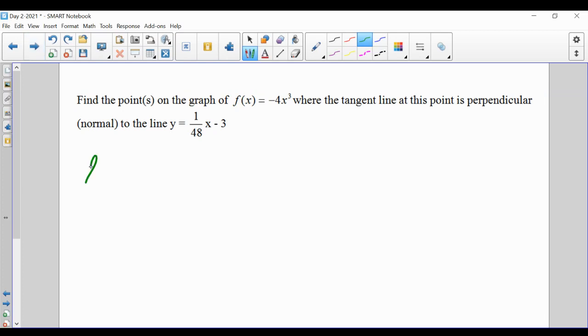So the f prime, let me go back to black, actually. Can anybody tell me what that derivative is, by the way, of the function? What is that derivative? So let me see, minus 12x squared, good.